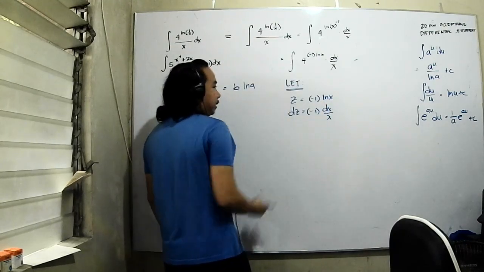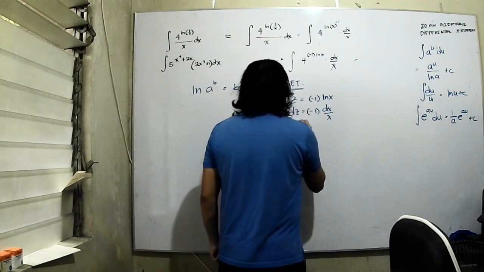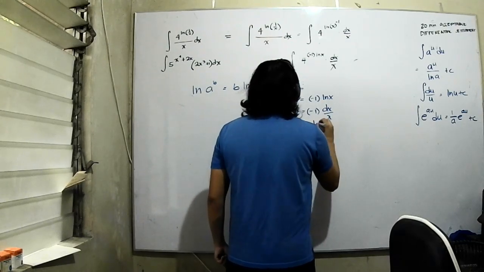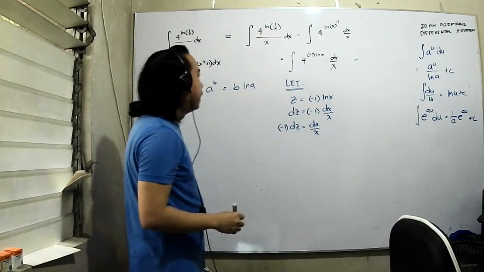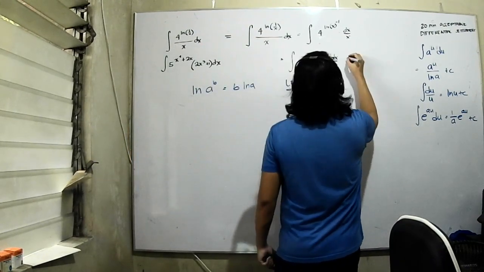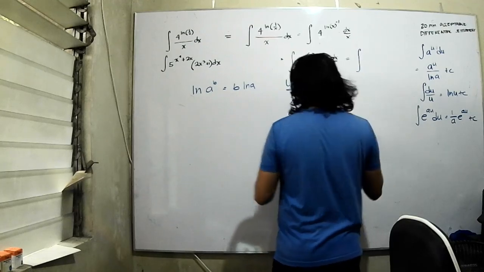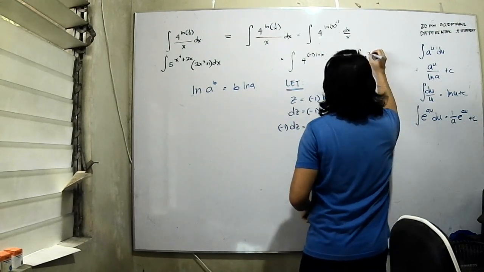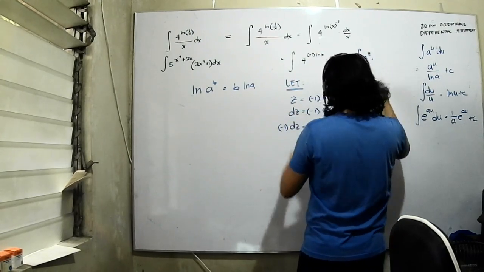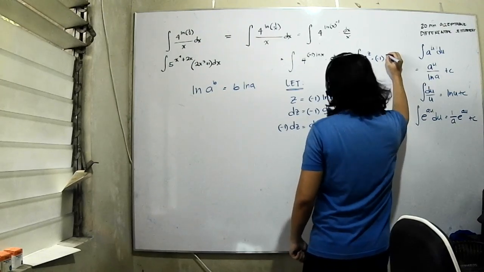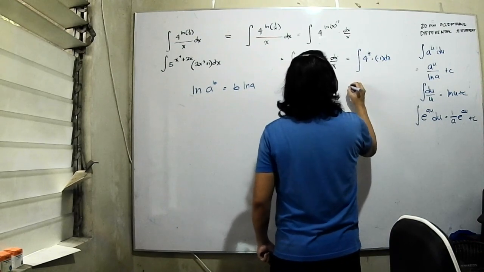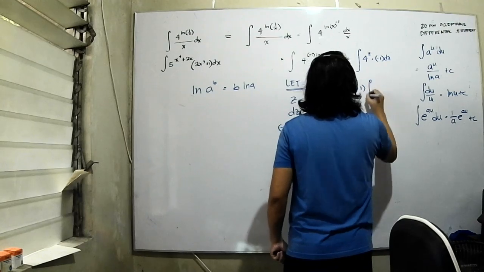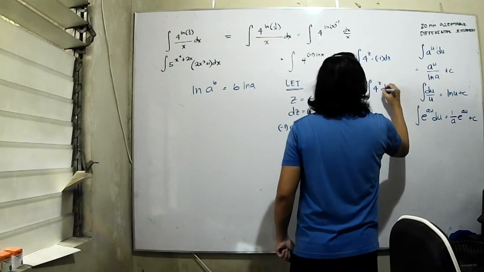I transpose it, and I will have negative 1 dz is equal to dx over x. With that in mind, this is equal to 4 raised to the power of z, dx over x is equal to negative 1 times dz. I factor out the negative 1. Sorry, negative 1 integral of 4 to the z dz.